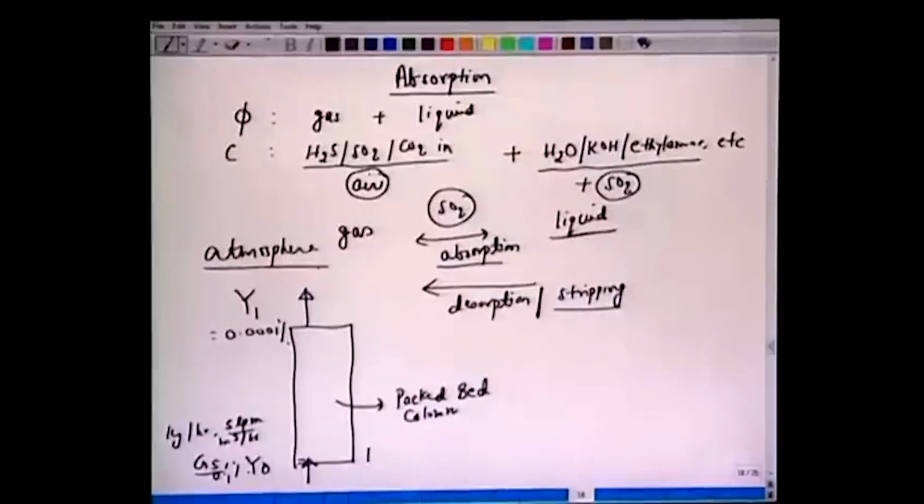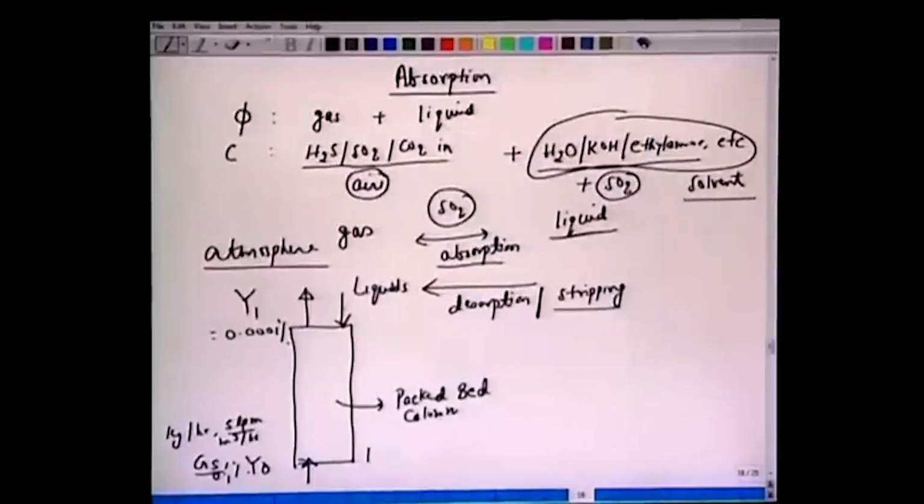To do this, we have been given a fluid, one of these fluids. So, it is a liquid, one of the liquids as a solvent. So, this liquid is given, and we have been asked to reduce this concentration from Y0 to Y1. So, this liquid and gas, the way it is shown, now it is in the counter current arrangement, counter current continuous contactor.